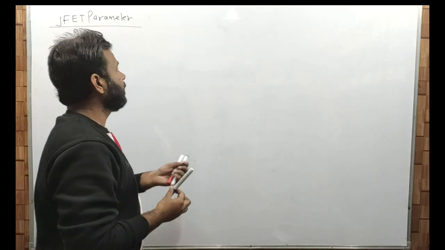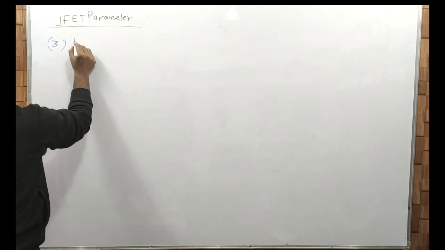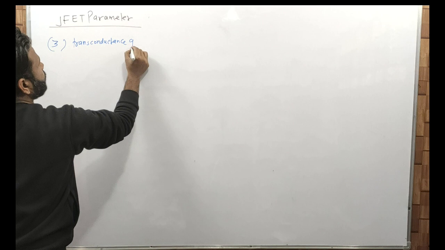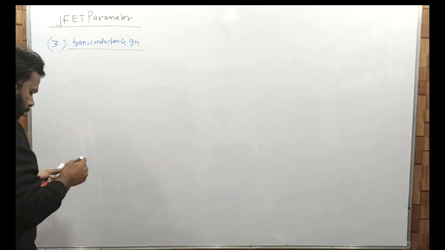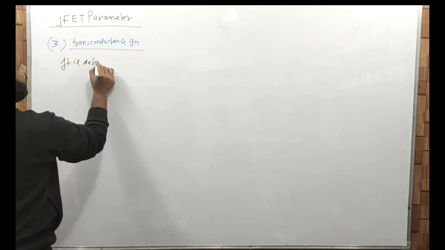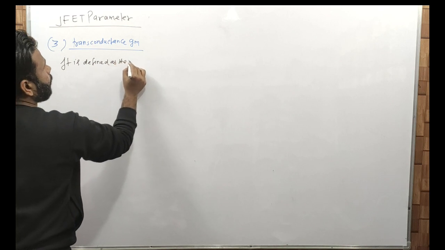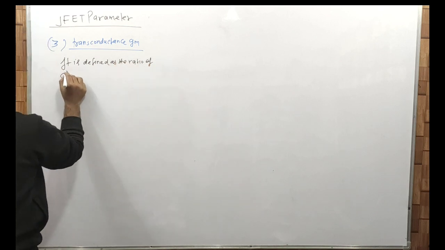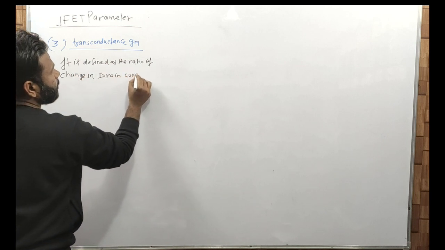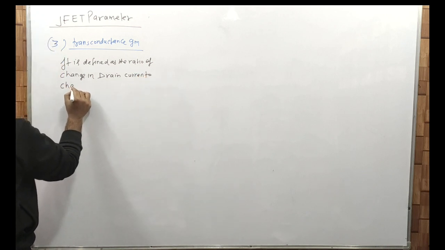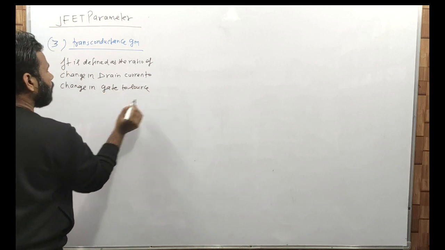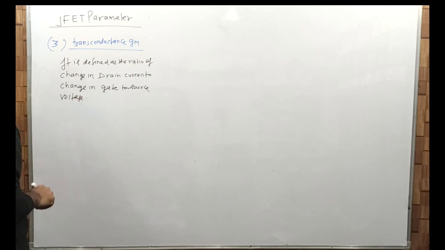अब थर्ड जो हमारा पैरामीटर है उसका जो नाम है वो है ट्रांसकंडक्टेंस, यानी GM, ठीक है। तो डिराइव करते हैं पहले इसका डेरिवेशन और डेफिनेशन। So it is defined as the ratio of change in drain current to change in gate to source voltage, clear?